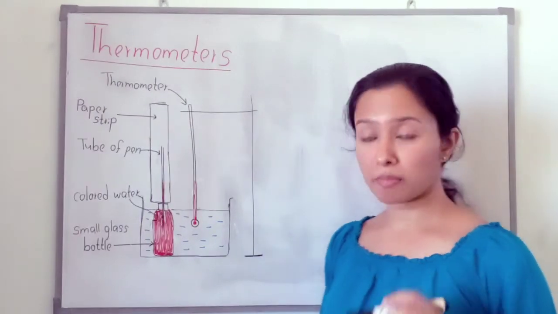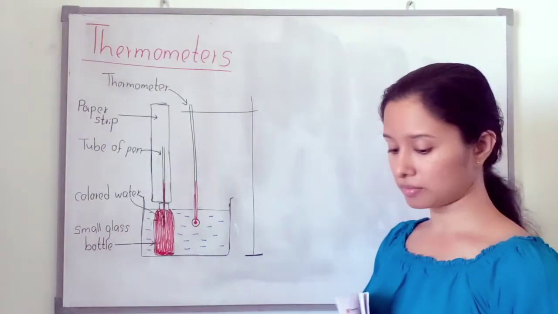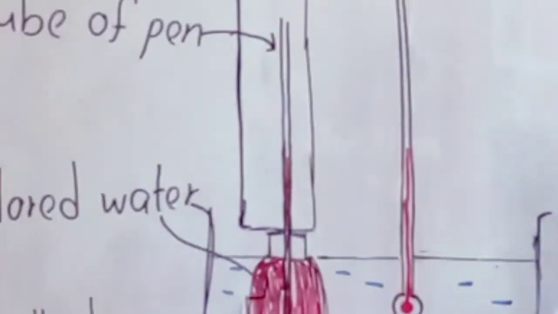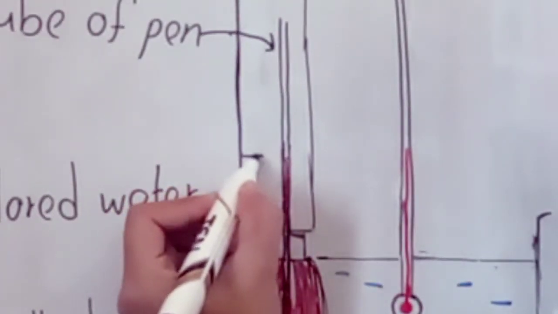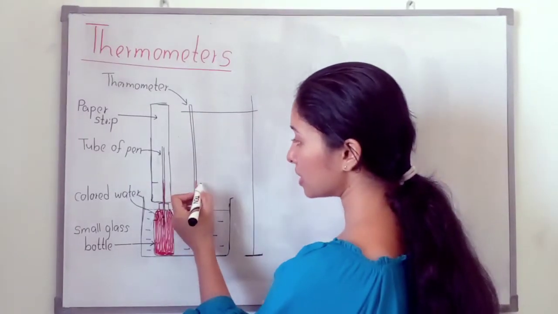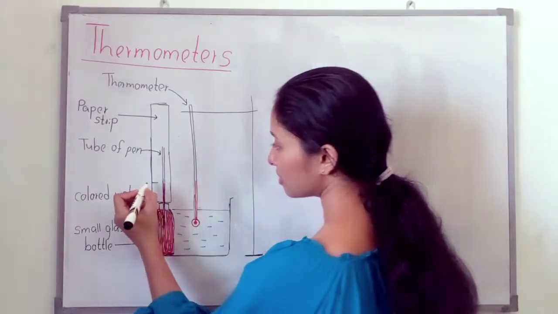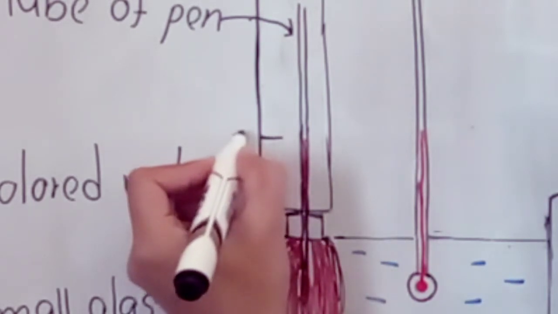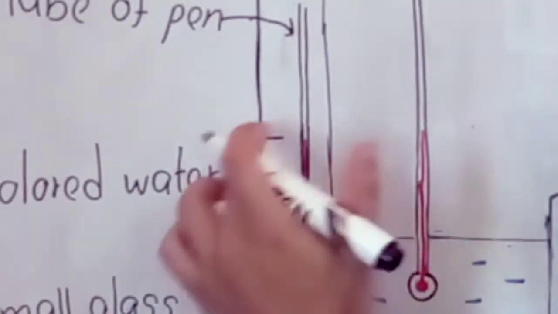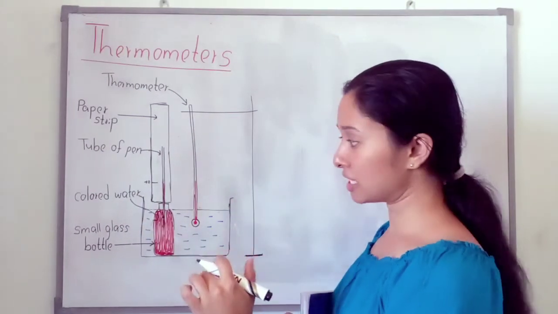Then you can mark the position of the upper end of the water column. Here you can mark this. This is the upper end of the water column. At the same time, you can find the temperature of this position. Here we can tell it is 40. So you can write this 40 on the strip, the position and also the temperature.